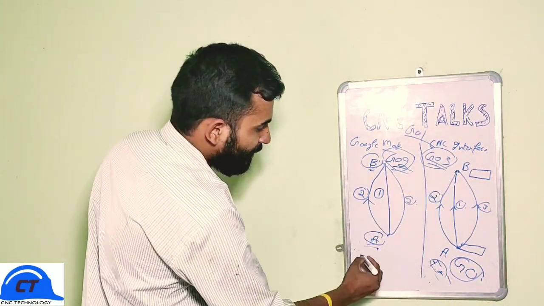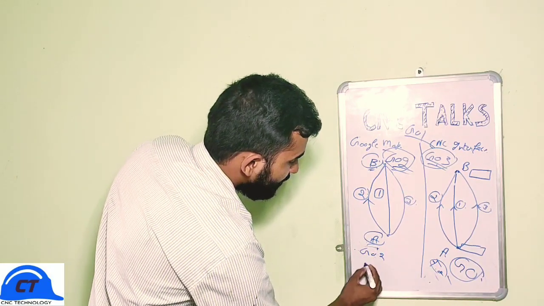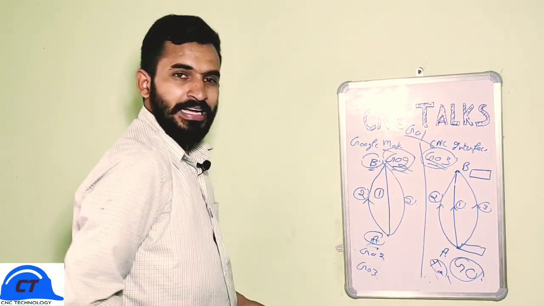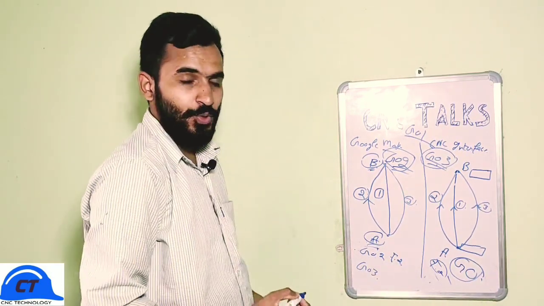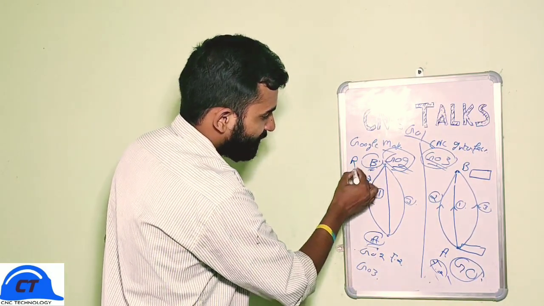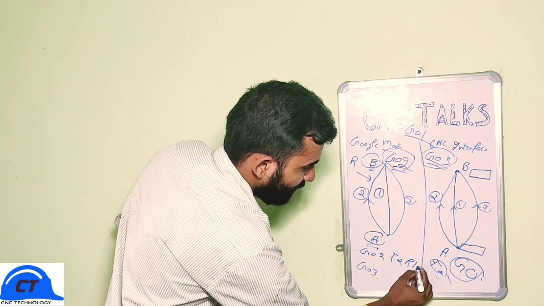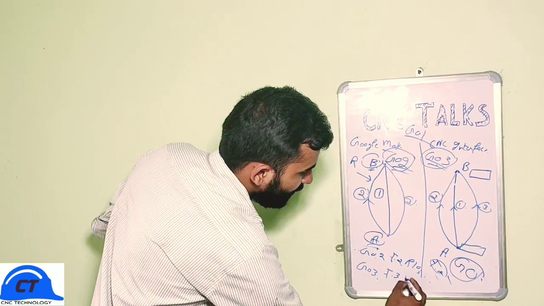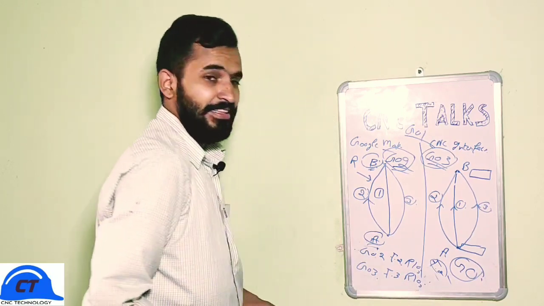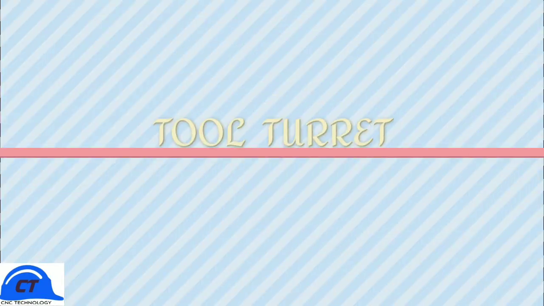And also, while using G02 or G03, we need to define the feed rate and also the radius of the arc. Let's suppose R10. Similarly, in G03, we need to define the feed rate and the value of the radius.